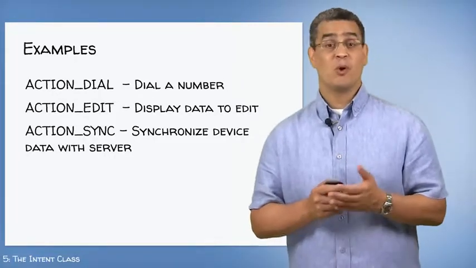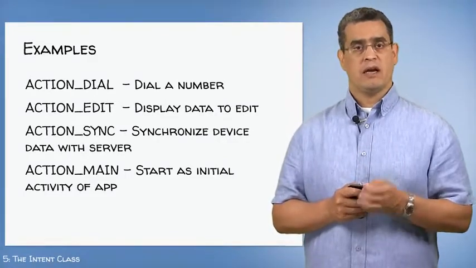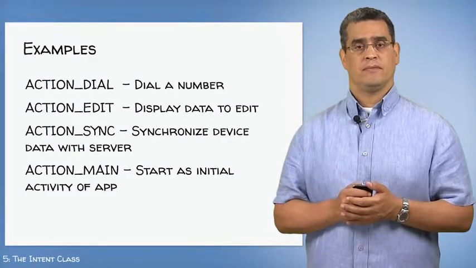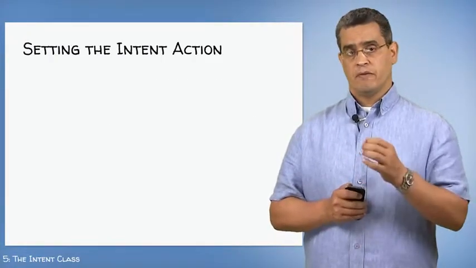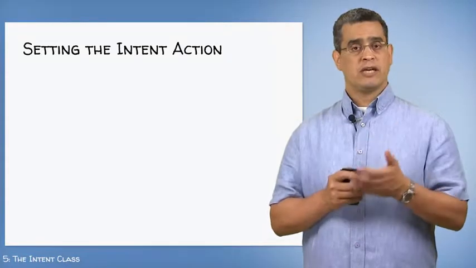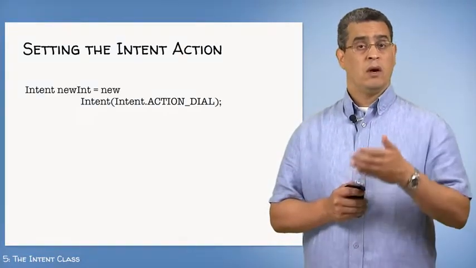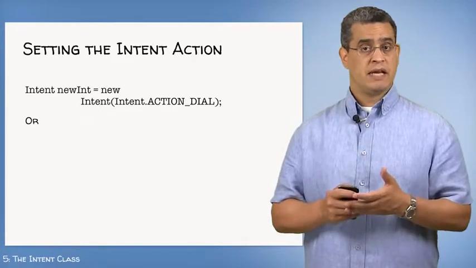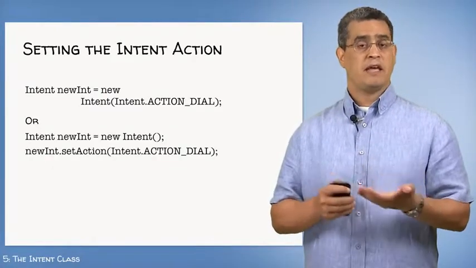And ACTION_MAIN: I want to start an activity as the initial activity of an application. You can set an intent's action in several ways. For example, you can pass an action string as a parameter to the intent constructor. Alternatively, you can create an empty intent and then call the setAction method on it, passing the action string again as a parameter.